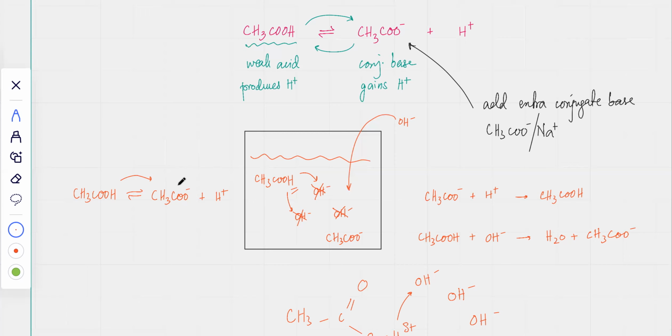Vice versa, if H+ increases, it's going to move backwards, and in that case the reverse reaction would happen. The ethanoate would gain H+ to form ethanoic acid. So it's the same acid dissociation equation, no different. In the buffer solution, the same reaction is happening. It's just moving backward and forward depending on what you're doing to the concentration of H+. Is this clear?